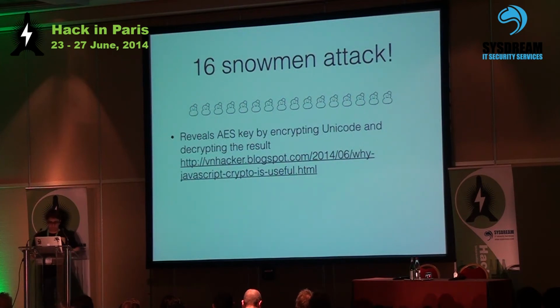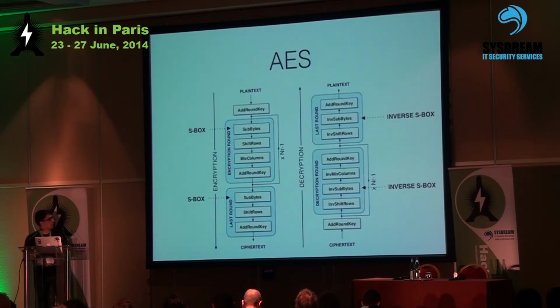This attack allows the attacker to get the knowledge of the secret key, the key used to encrypt and decrypt the messages, by simply encrypting something with an unknown key and then decrypting the result back. Let's look at why that is happening.